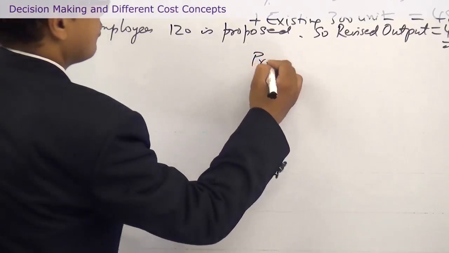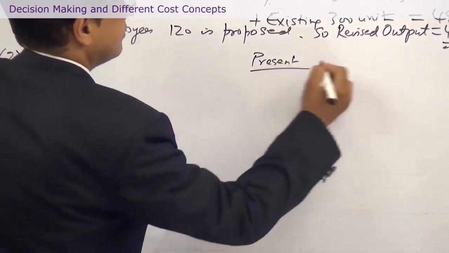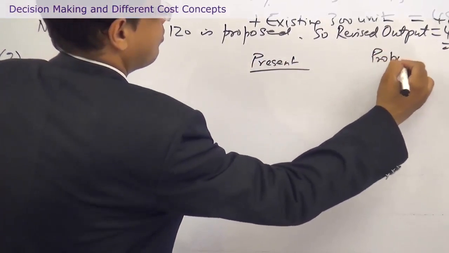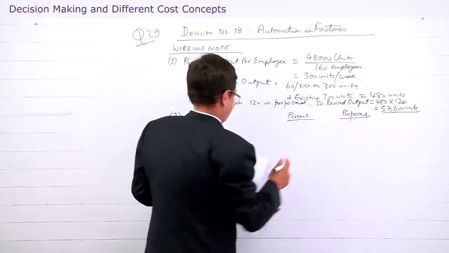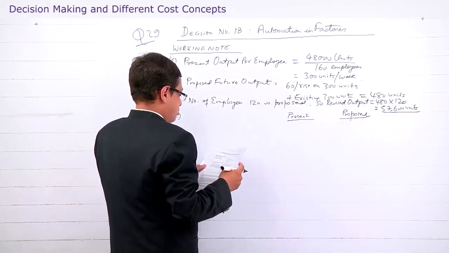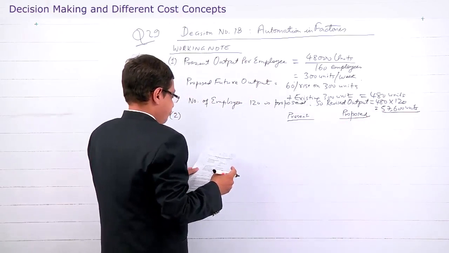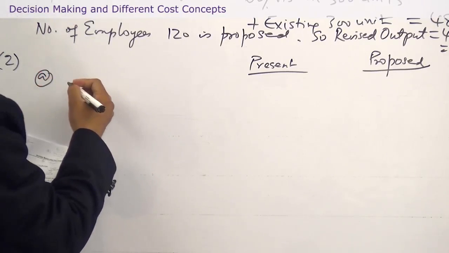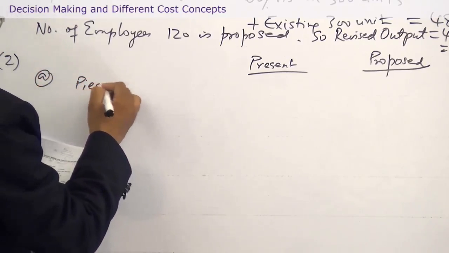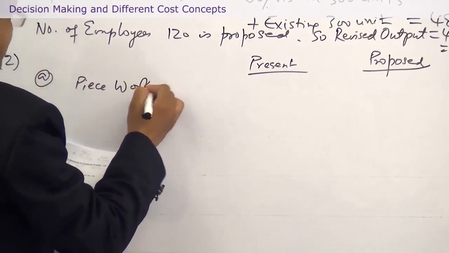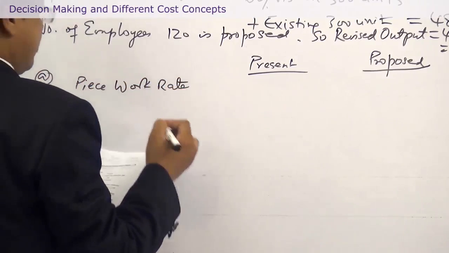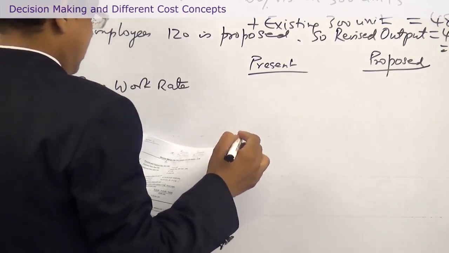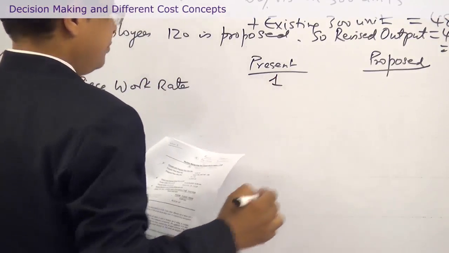Now, the second working note, very, very important. This is for present and this is for proposed. This talks about the piece work rate under A variety. It is 1 rupee.